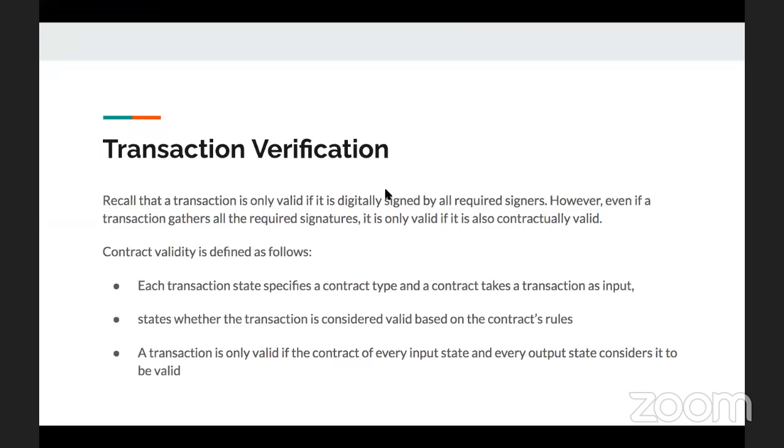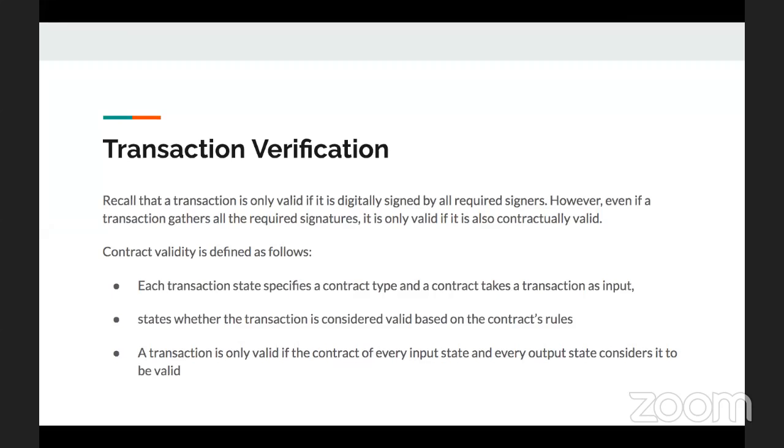Even if it gathers all the required signers, it is valid only if it is contractually valid. Now the question is, how do you validate the contract validity? Each transaction state specifies a contract type. And we have seen how we pass a transaction as input to a contract. And a contract also states whether the transaction is valid based on the contract rules.